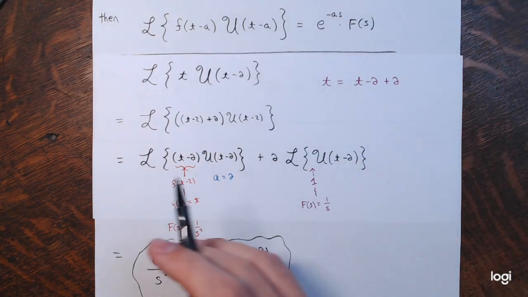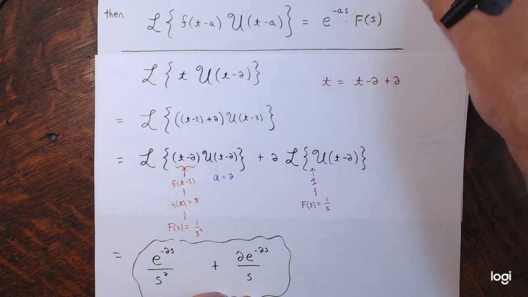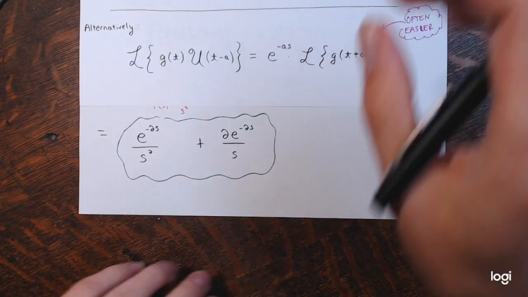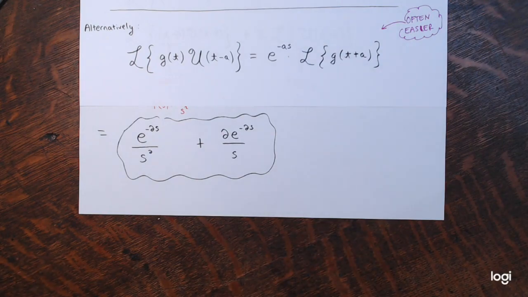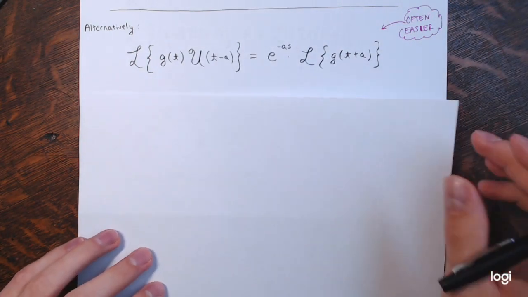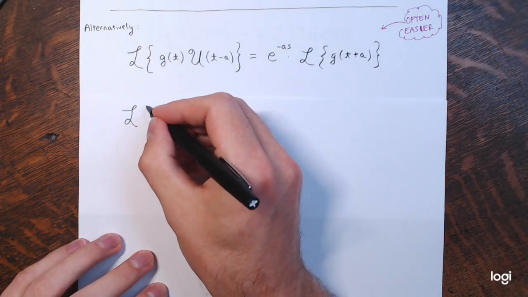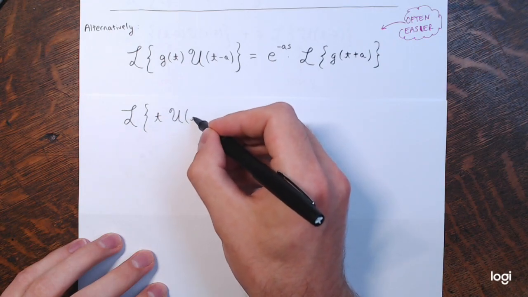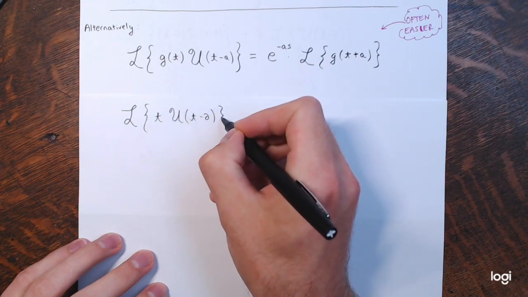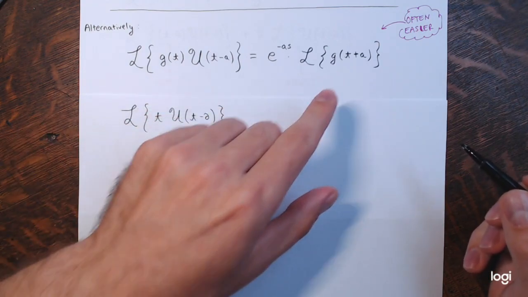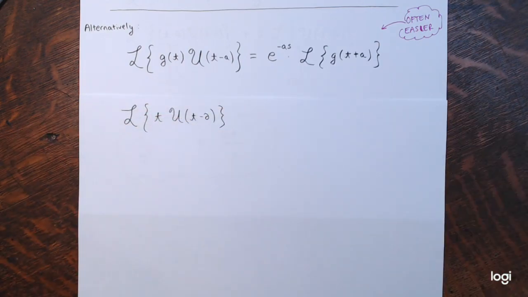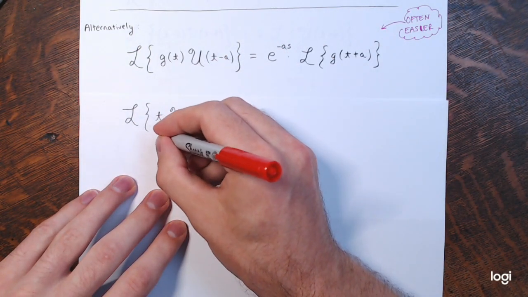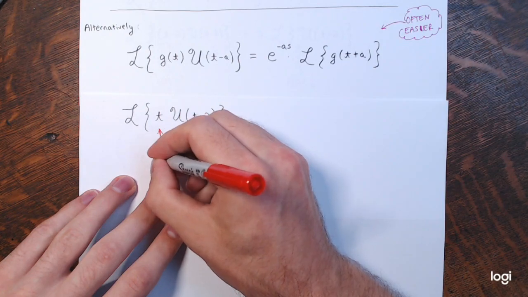Okay. Now, alternately, let's start that over. Let me do that again. We can use this alternate version, right? We had the Laplace transform of just t times the unit step function at t minus 2. So if I use this alternate version here, remember this function that's being multiplied by the unit step function, that's going to be the g of t.